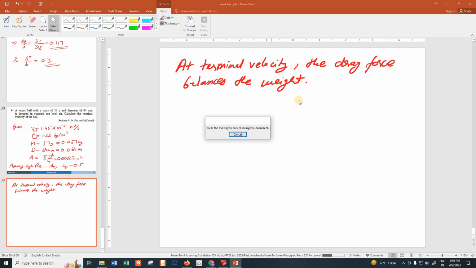So we can write drag force is equal to mass into acceleration due to gravity, mg, 9.8.